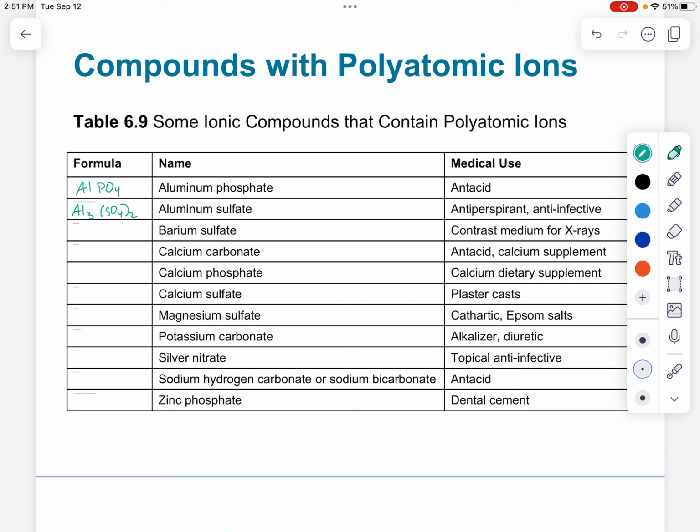Calcium carbonate is an antacid. Aluminum sulfate is for antiperspirant. So all of these are written down. You have all the formulas on Dropbox on this slide. You want to be able to come up with the formula for each of these, and you can check them there.